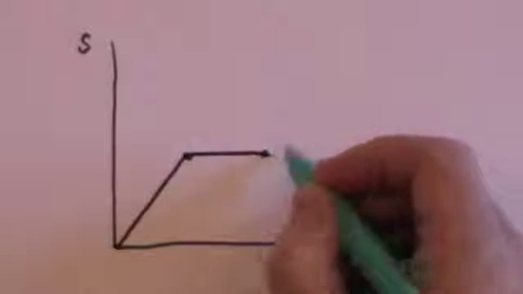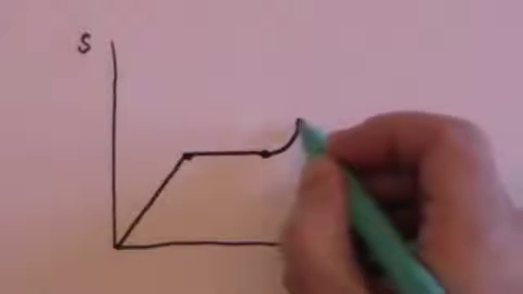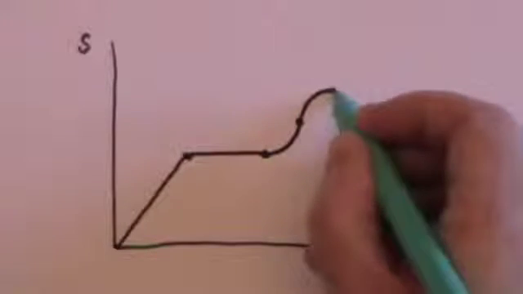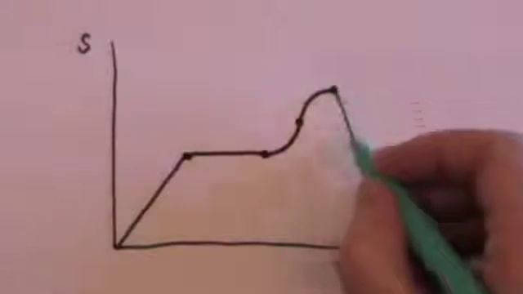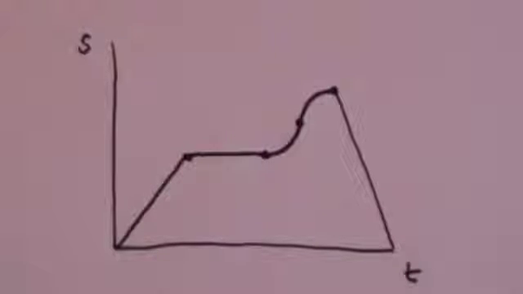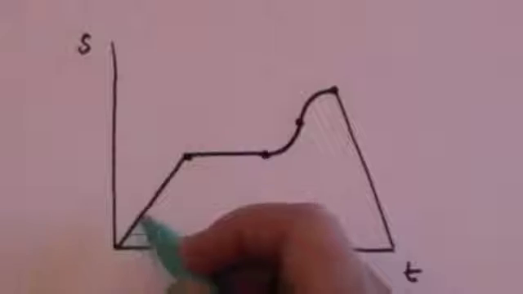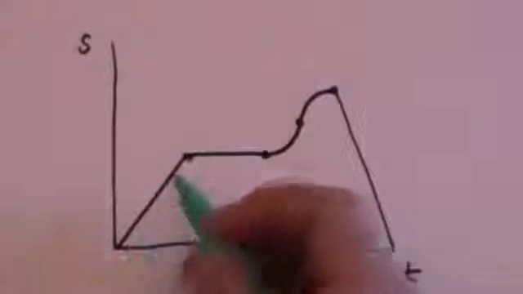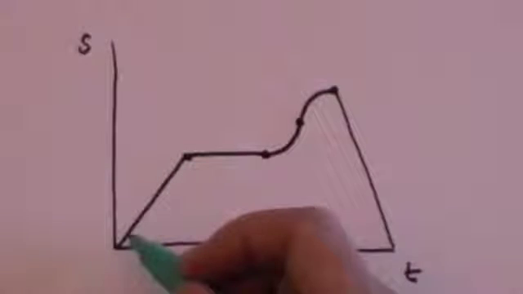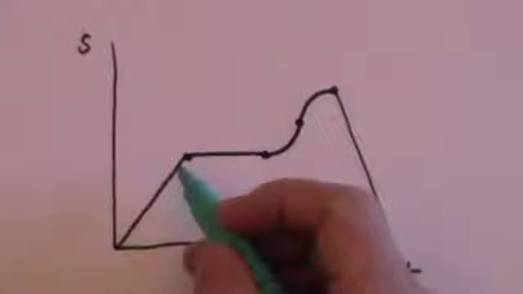I'm putting little dots here to separate the different types of action that are going on, and then we'll talk about what they represent. Well, here is a constant velocity, because we've got a constant gradient here, and a constant gradient is velocity. If it's constant, it means a constant velocity.